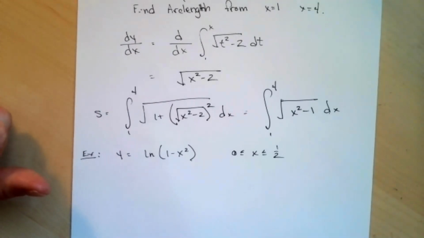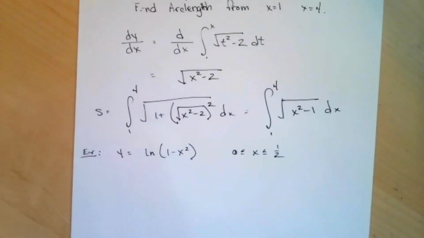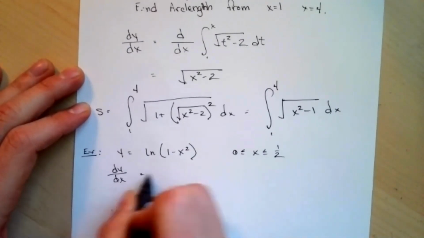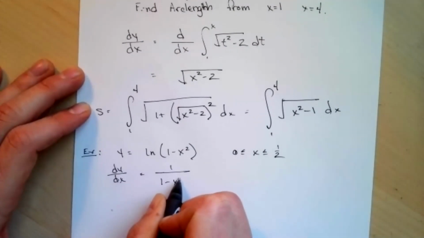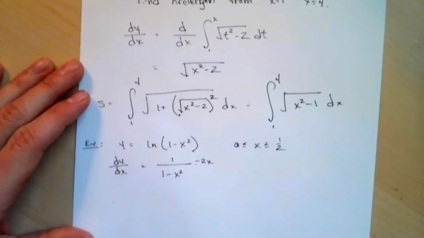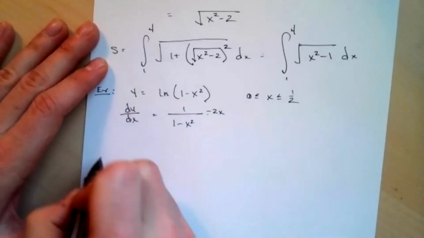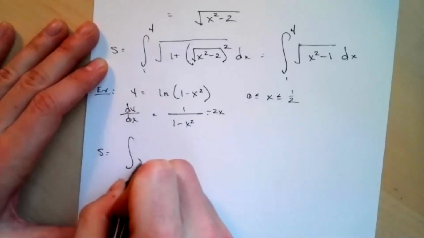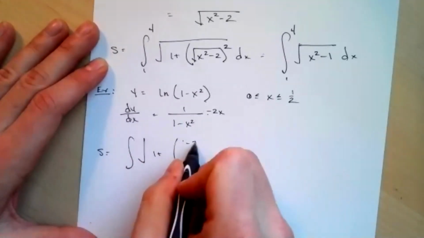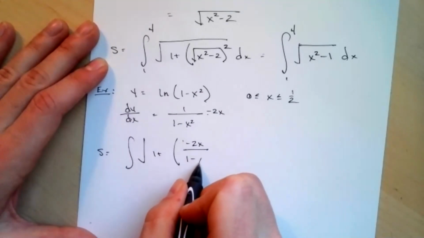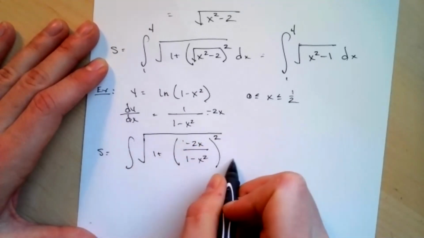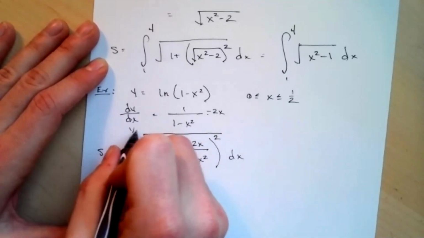And again, most of these skills come down to, one, identifying the curve, which oftentimes it's given as a function, remembering your derivatives, and then just making sure you're doing the algebra right when you plug it into the formula. So we'll have 1 plus this guy squared dx from 0 to 1/2.